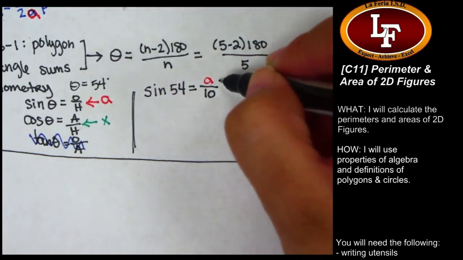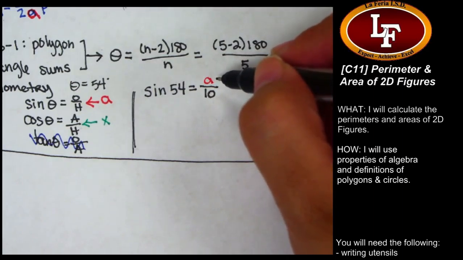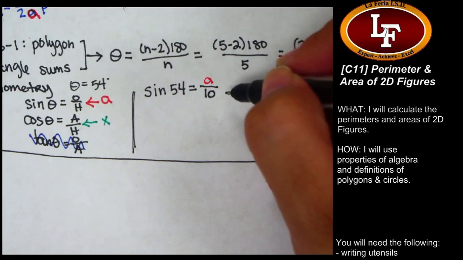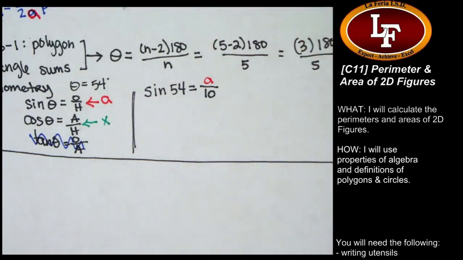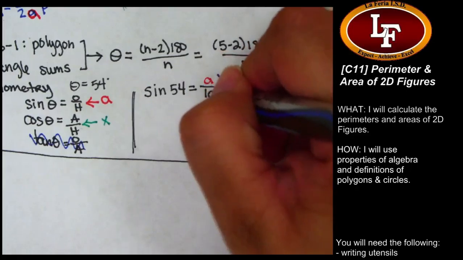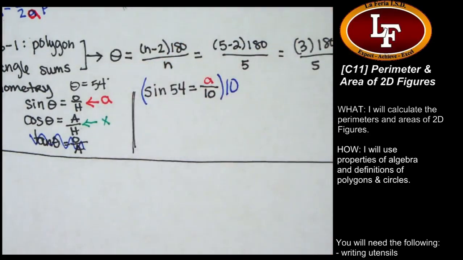Now I'm trying to solve for this a here, the measure of the apothem, and so I have to think to myself, what's happening between this measure of the apothem a and the measure of the radius 10? In this case, they're being divided. 10 is doing the division, so to get rid of that 10, I need to multiply everything in my equation by 10.